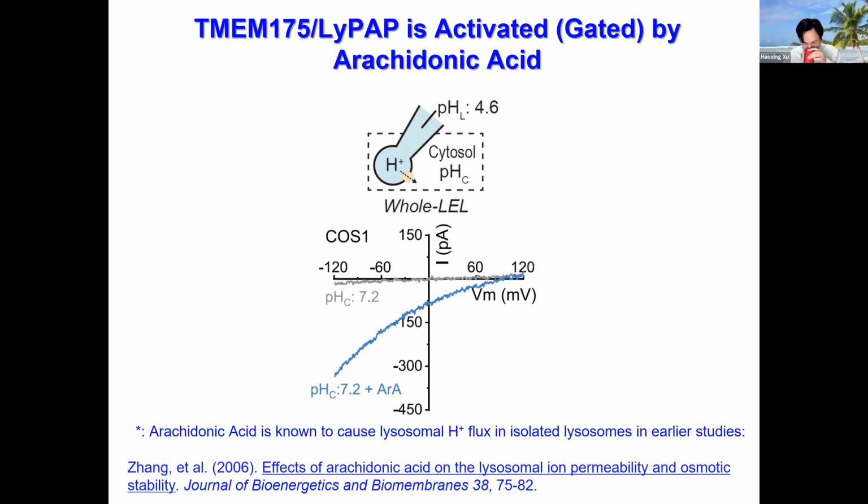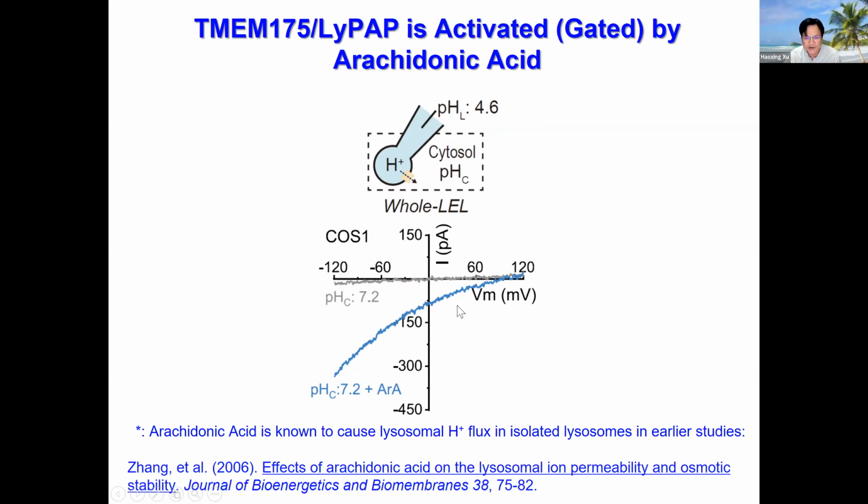We next wondered whether there are some chemical agonists for the channel. So we searched the literature and found that arachidonic acid is reported to cause proton flux in isolated lysosomes in some early studies. We found that arachidonic acid can indeed activate the channel. But remember, in the native lysosome, pH 4.6 may or may not activate the channel, but arachidonic acid can always reliably activate the channel.